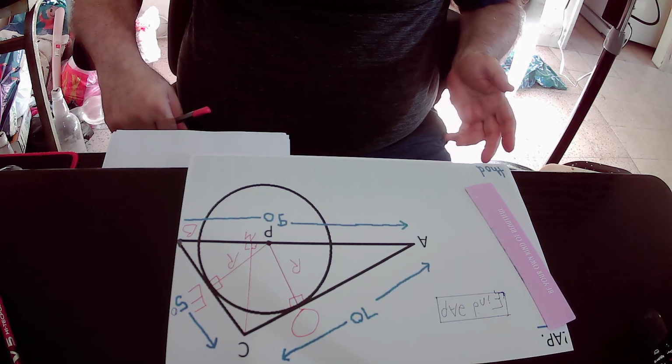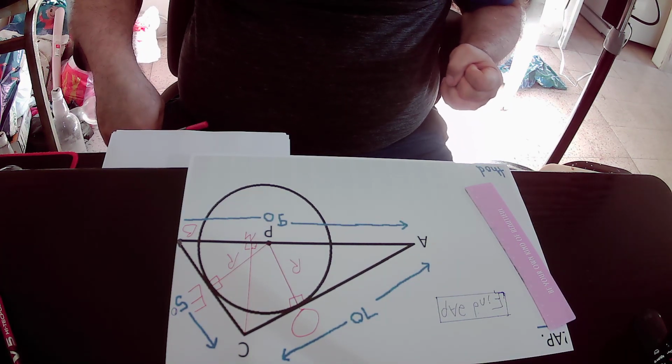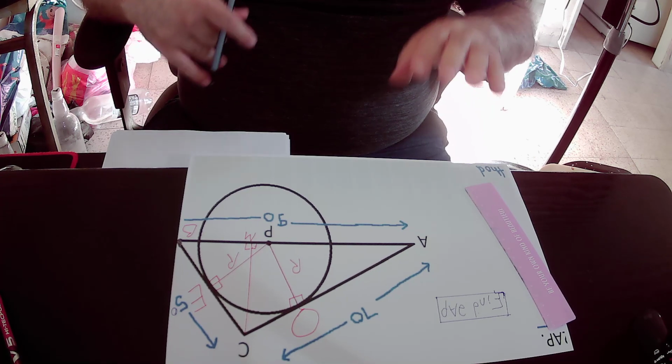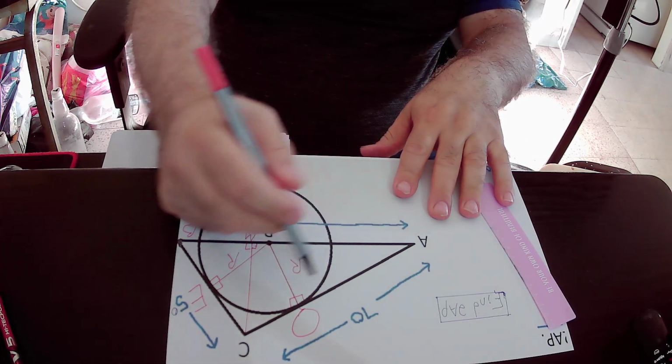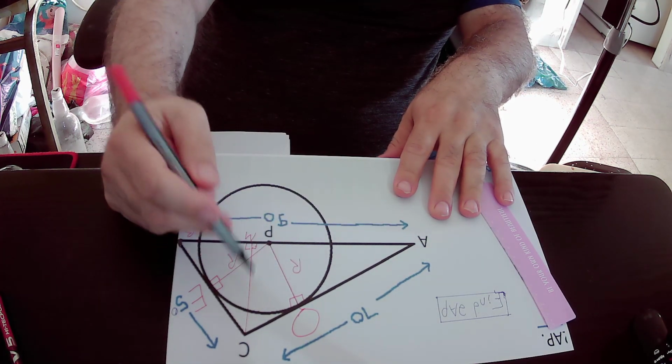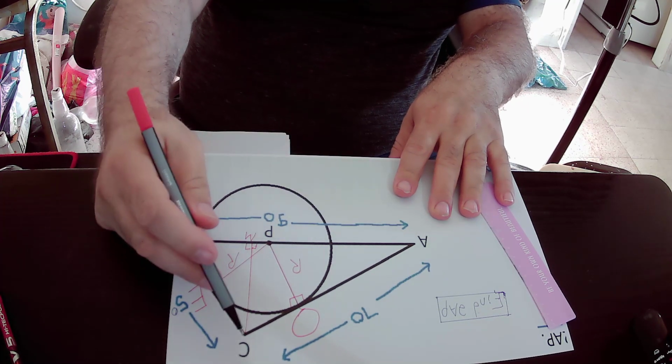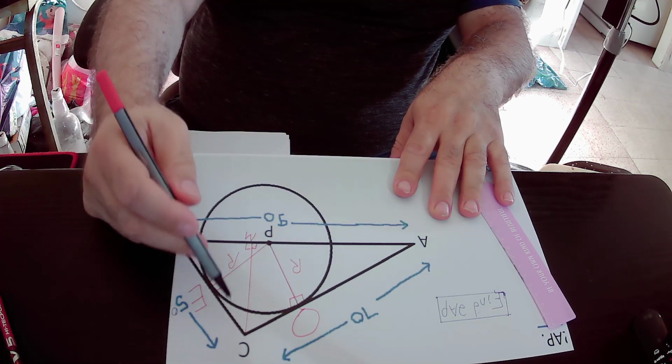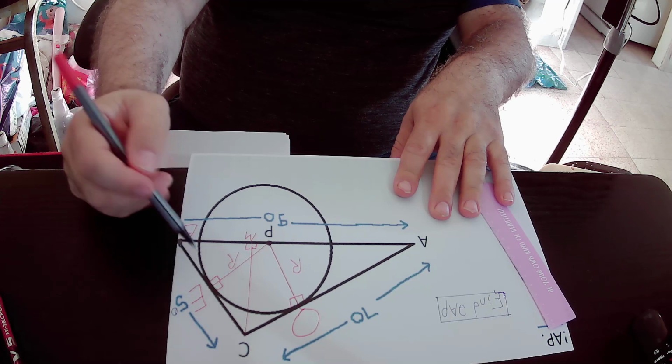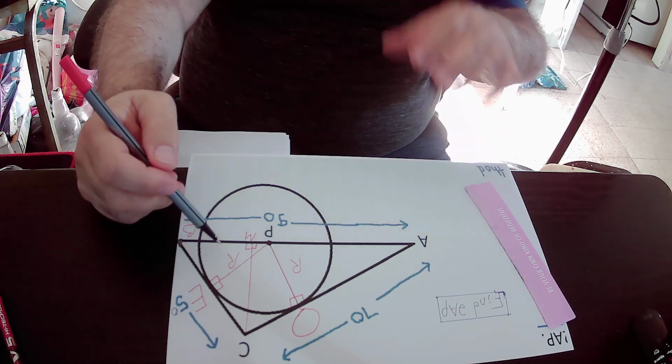So in total we have here four right triangles. Triangle POA is a right triangle, and also triangle PMA is a right triangle, triangle CMB is a right triangle, and triangle PEB is also a right triangle.